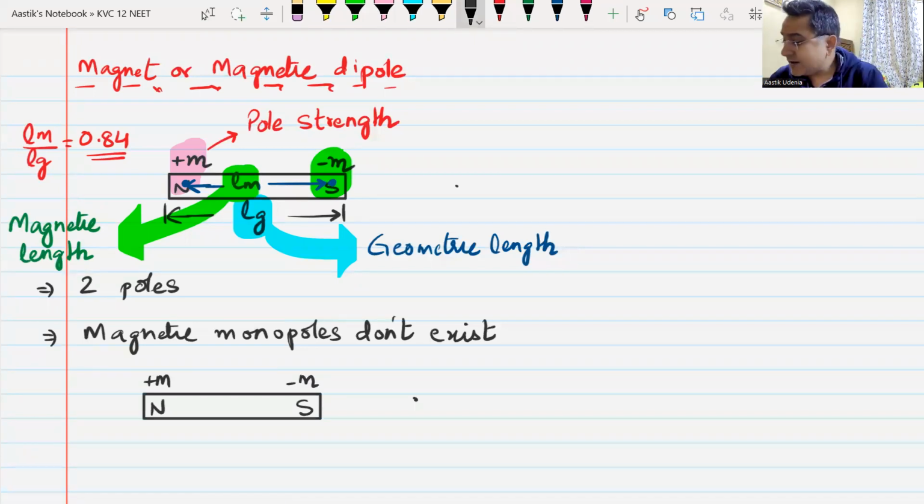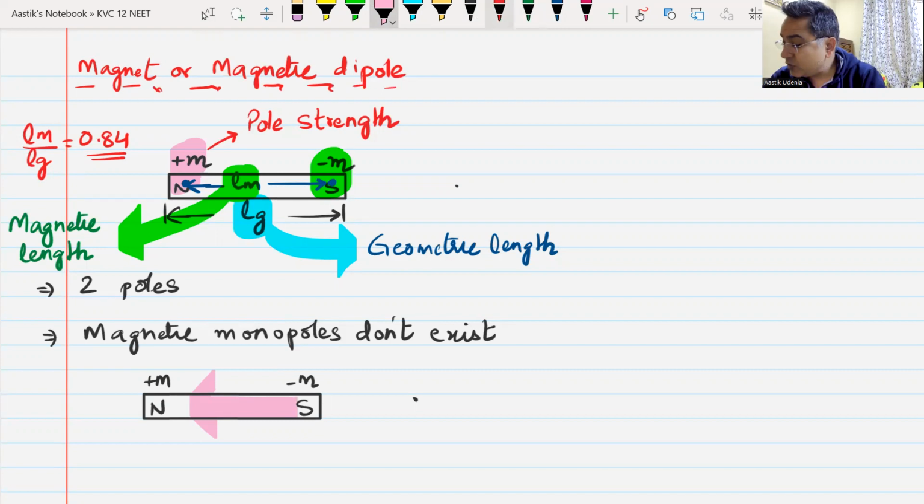Whenever we talk about the magnet, every magnet has a dipole moment. We call it magnetic dipole moment. This magnetic dipole moment of a magnet is a vector quantity which is directed from the south pole towards the north pole.